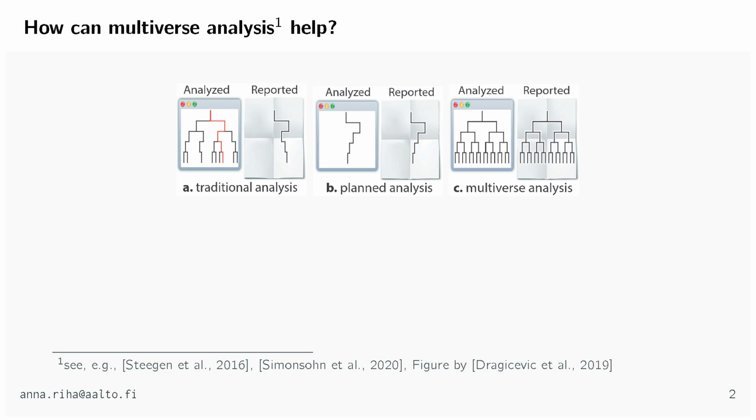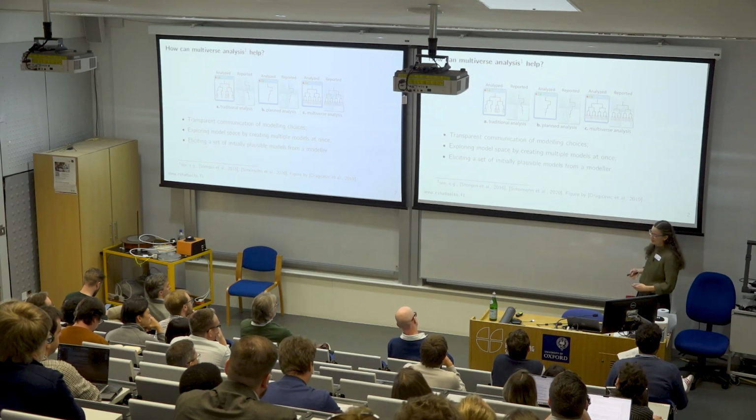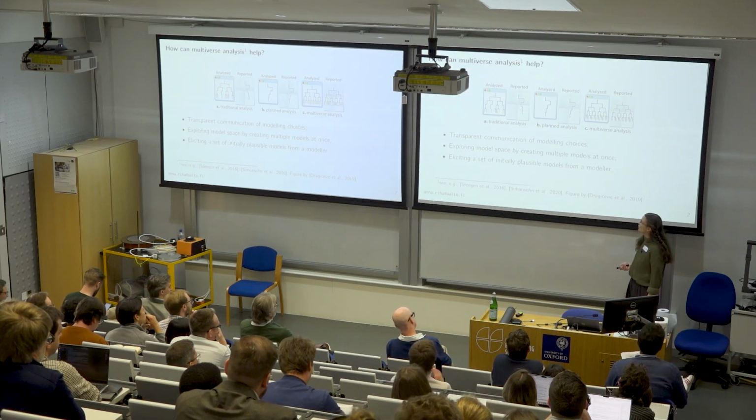So how does this help us with the previous challenges? So now we get transparent communication of modeling choices. This is great. We also explore model space a bit faster, because we don't start with one model and then look at the next model, but we start with a chunk of models. So this is also nice for this iterative nature of model building.